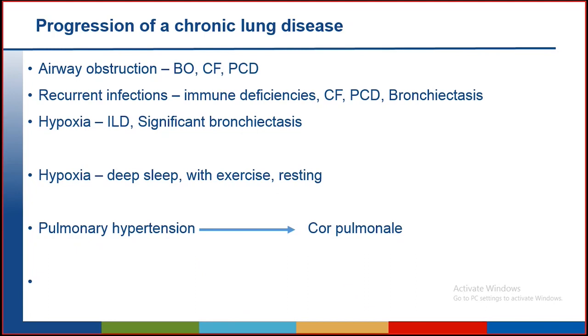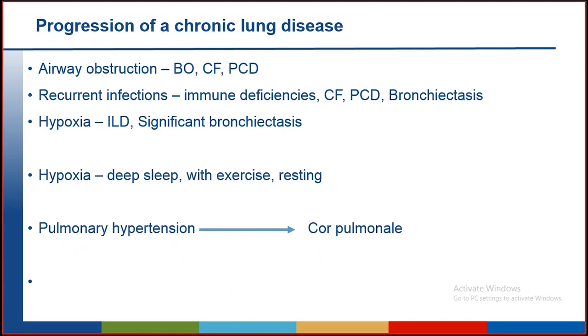Primary ciliary dyskinesia, again, is a disruption of the normal mucociliary function. There is a lot of retention of mucus, and inflammation and infections. So all these things lead, again, to mucus retention and airway obstruction. So these disorders from the beginning might show evidence of airway obstruction.